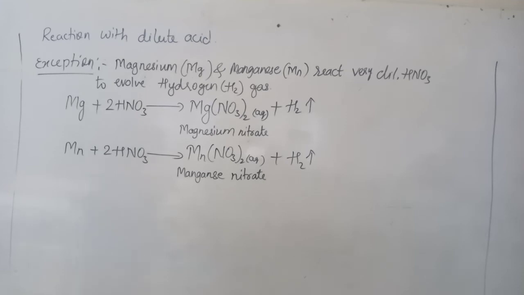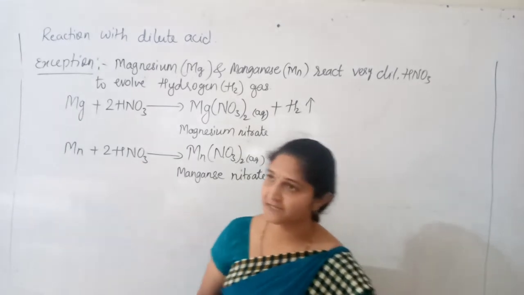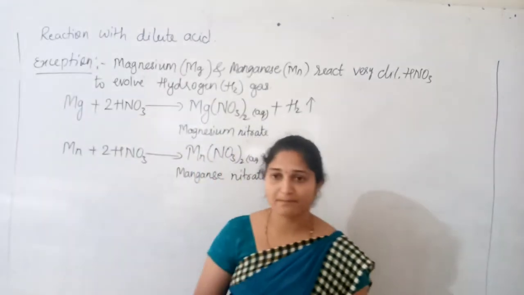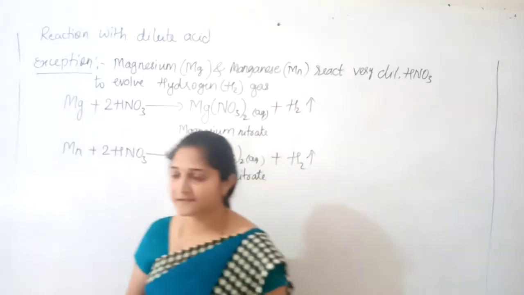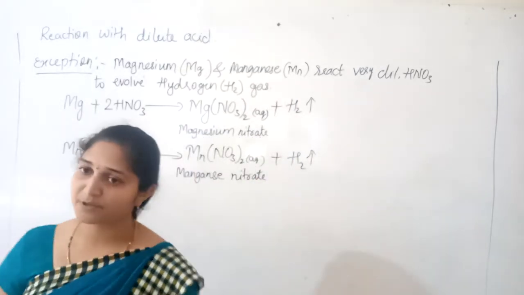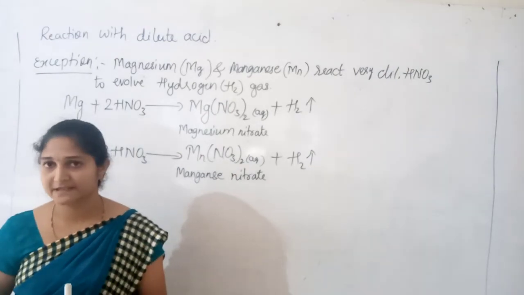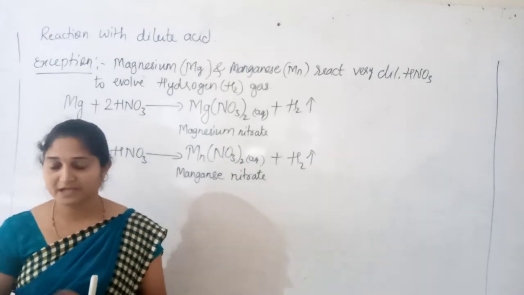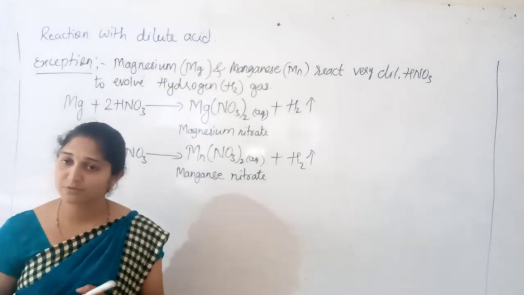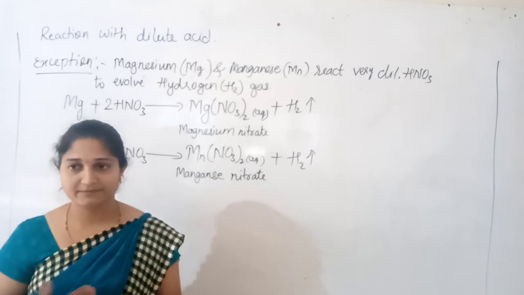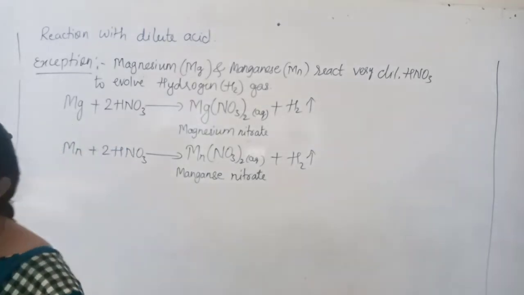When hydrochloric acid and nitric acid combine in the proportion of 3:1, where hydrochloric acid is 3 parts, they form a product.